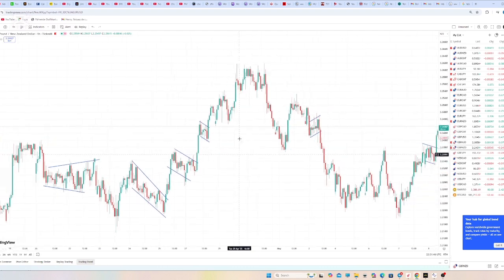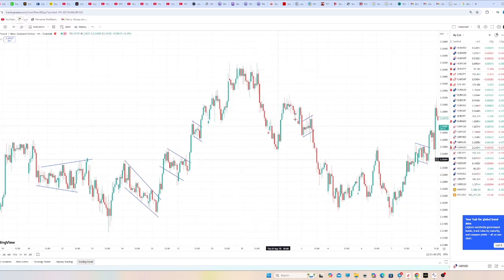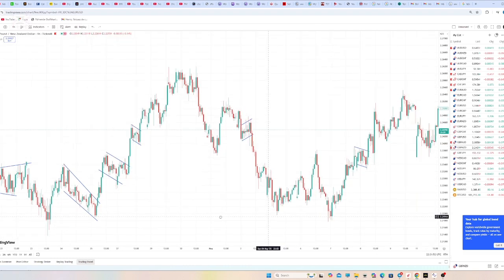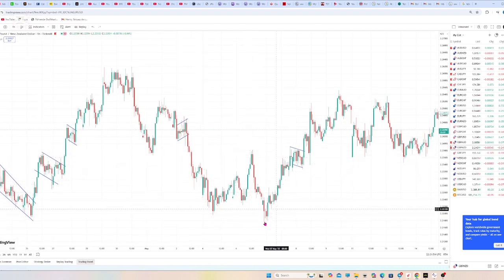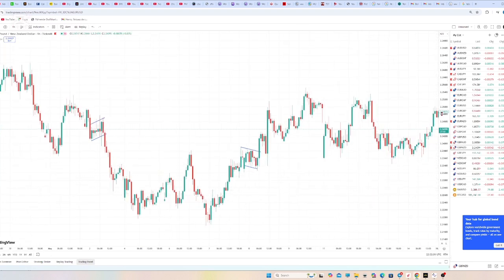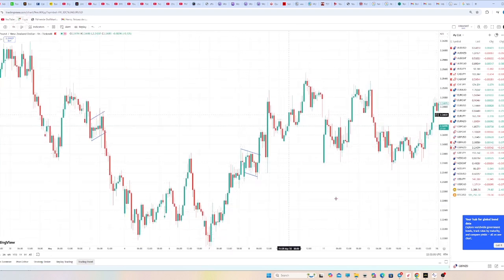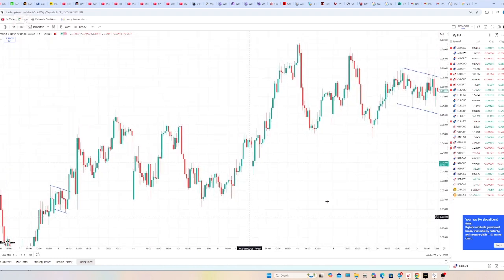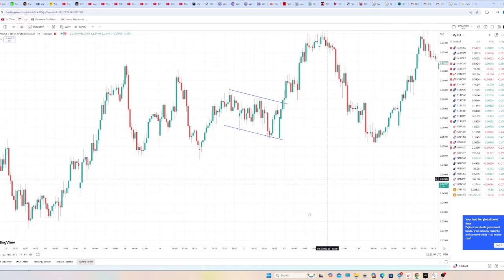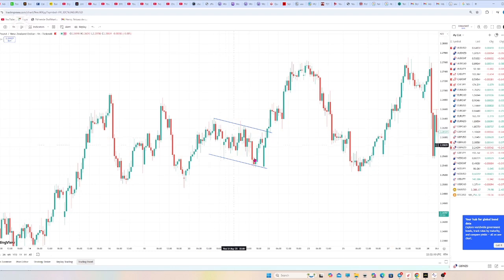Okay, price reversed, came down, had an impulse down, followed by a continuation correction to the downside. Price did this and reversed, pushing all the way up, had an impulse followed by a correction. As you can see, impulse, correction, impulse. Same thing here, impulse, correction, and continuation.